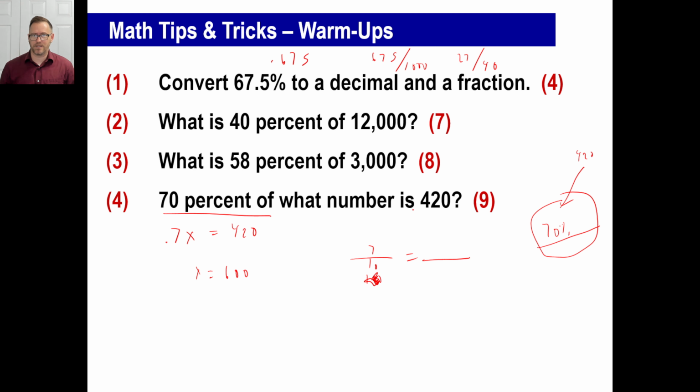We're looking for a bigger number, because 70% of some number is 420. The bigger number goes on the bottom. So that's 420 over x, and 7 times x is 7x equals 42,000, and x is, to no one's surprise, 600. So there we go.